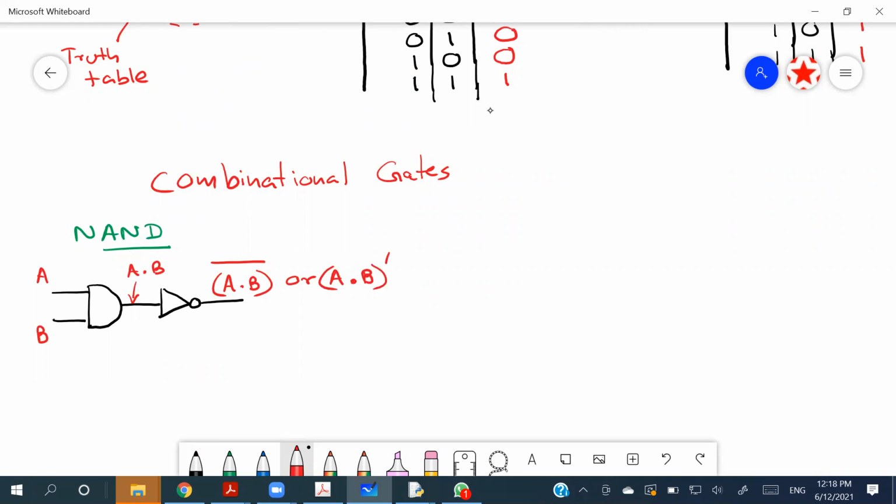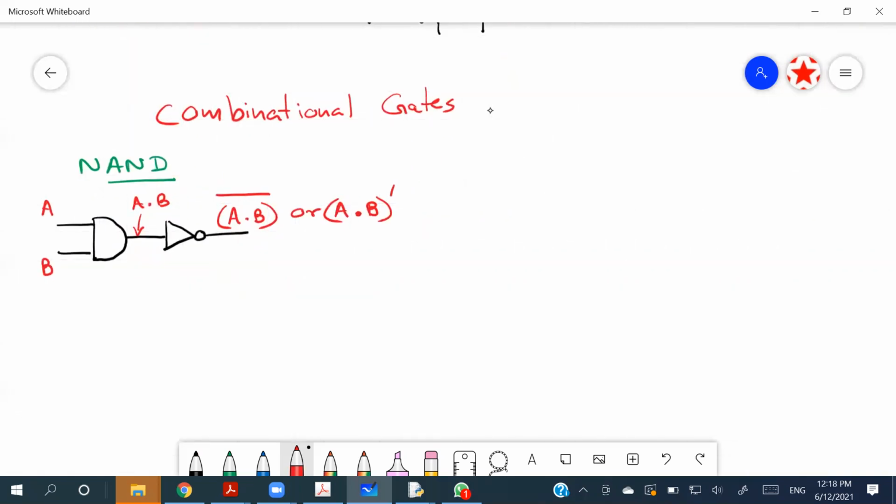right? And we are not drawing the circuit symbol like this. Instead of this, we are drawing the NAND gate symbol in this particular way, right? So we say A and B are given, A dot B bar is given as the output, right?